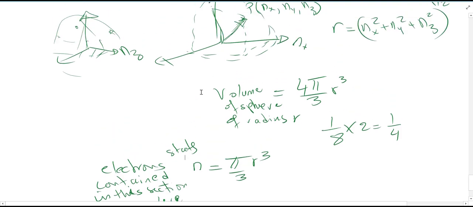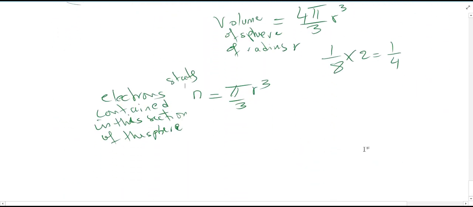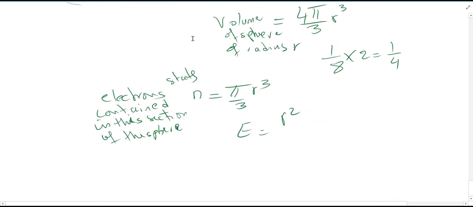Now I know what the energy is, so the energy is given by this expression. E is given by, again, I'm going to write this in terms of the radius instead of nx, ny, nz. I've already defined it by the radius r. So this is r squared, this number nx squared plus ny squared plus nz squared, times pi squared h bar squared divided by 2mL squared.